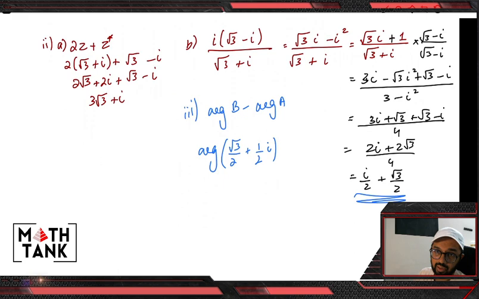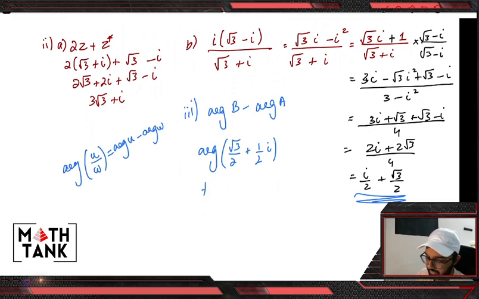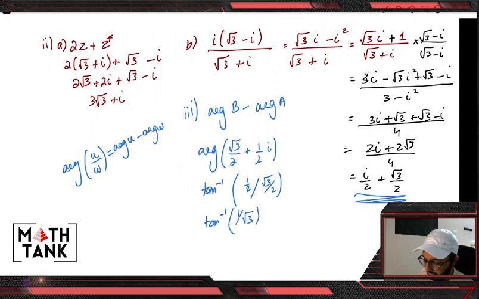Essentially what I'm doing is argument of B minus argument of A, but I've used this rule that says that if you have two complex numbers, you can just simply do argument of u over w instead of trying to do the entire process. So this is just going to be tan inverse of half divided by root 3 over 2. So that gives me tan inverse of 1 over root 3, which is essentially pi over 6. So that's the shorter way of doing it.